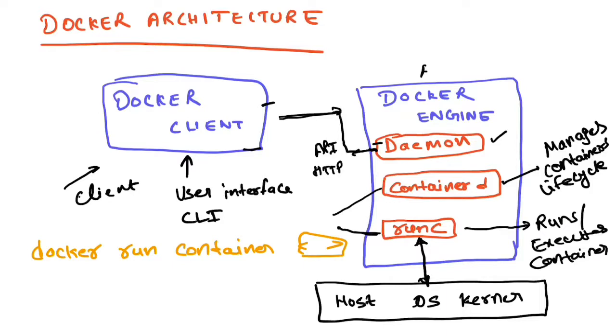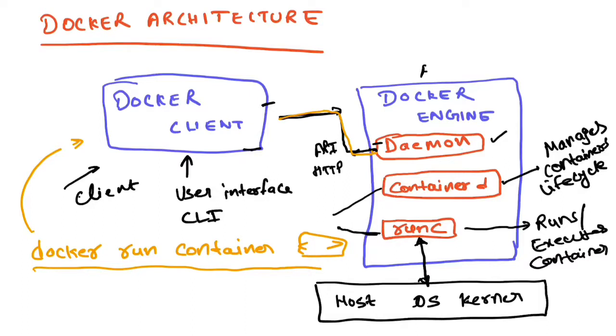Now what happens in the background in this architecture is, this command you will submit to the Docker client. The Docker client will communicate with the daemon process, because the daemon process exposes the API implementation of each command. So the daemon process will take the instructions through the API interface, whatever command you have mentioned.